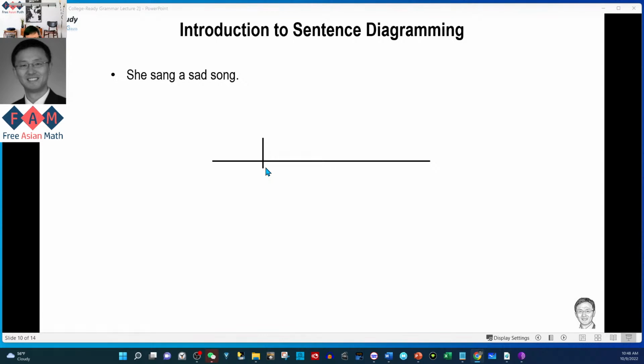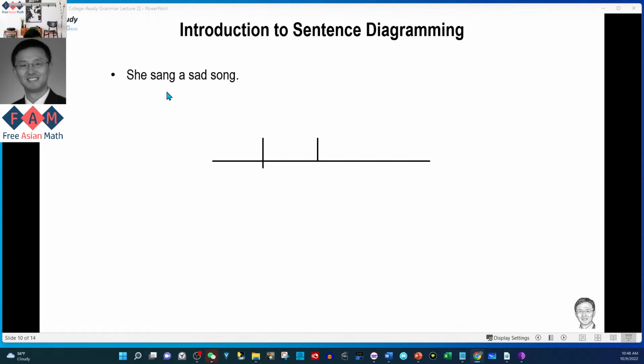We'll see what kind of information will go under the main line. But for now, it's very important to understand the most important things will go above the main line. Okay? So for this quote-unquote simple sentence, how should we diagram it? We want to put things into three slots above the main line.